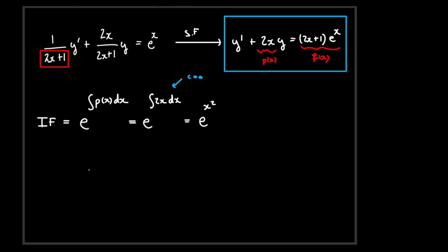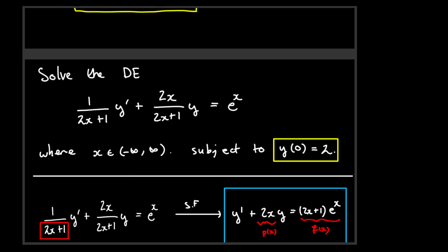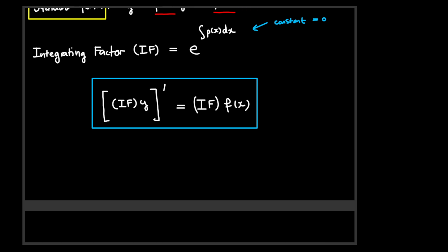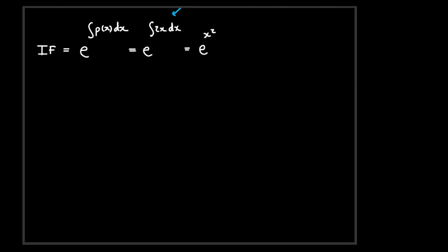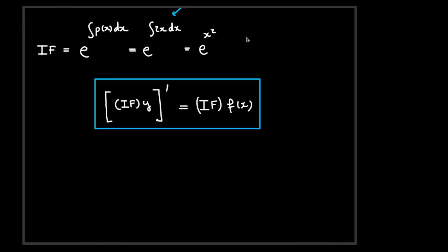And then we have the main formula, again, for our first order linear differential equations. Let me go up and fetch it. So we take this, put it here, and let's see what happens when we replace our integrating factor by e to the x squared.